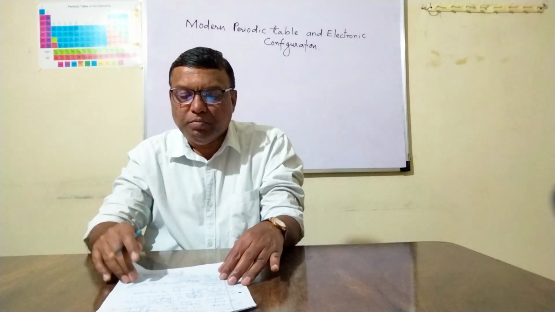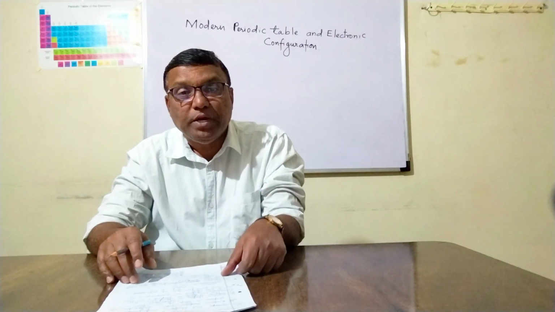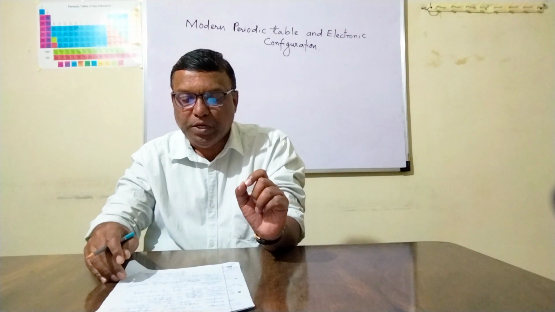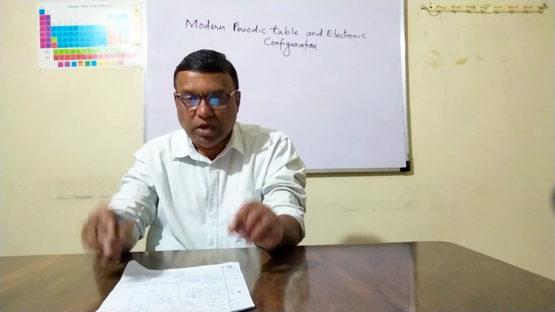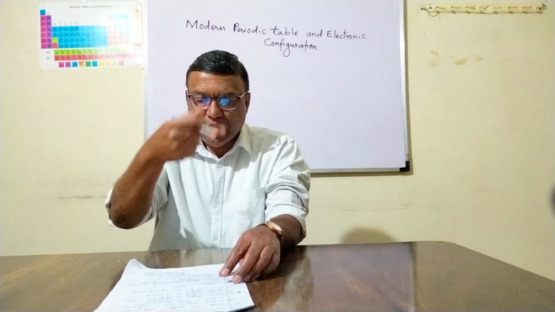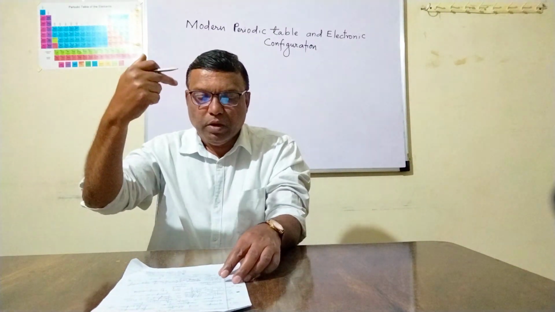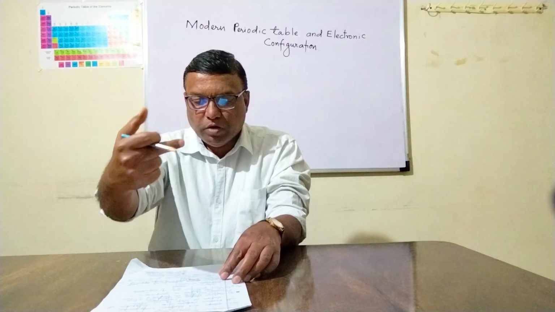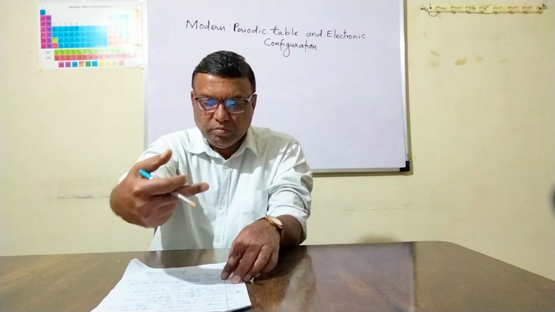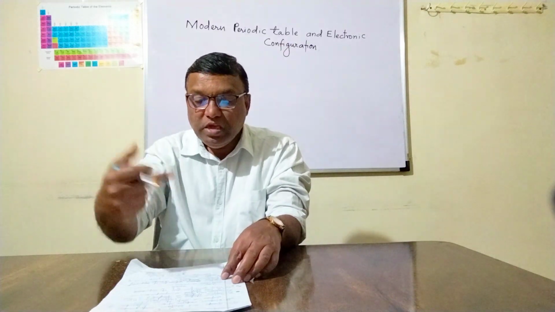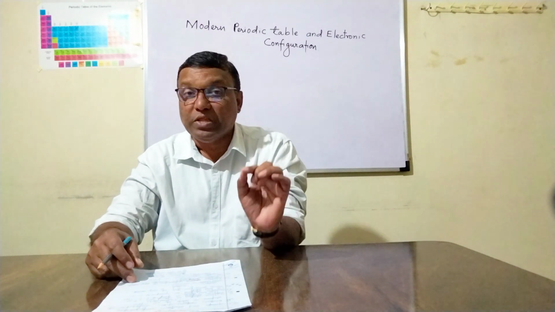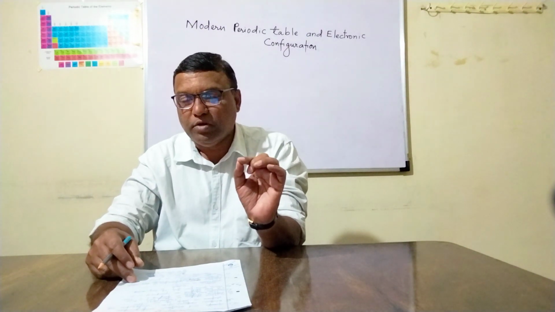So whose electronic configuration? The electronic configuration of the outermost orbital is the electronic configuration of the last orbital of any atom. The electronic configuration of the outermost orbital of an atom is characteristic of a particular group.